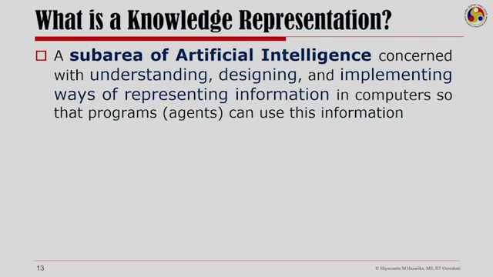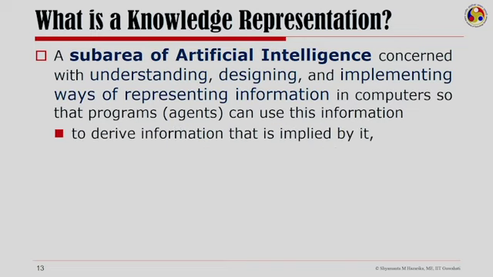So knowledge representation, as I have been emphasizing from the beginning, is an important sub-area of artificial intelligence, which is concerned with understanding, designing, implementing ways of representing information in computer so that programs or particularly intelligent agents can use this information.